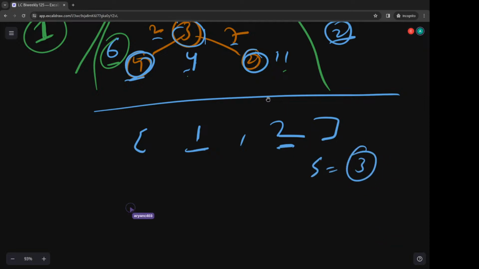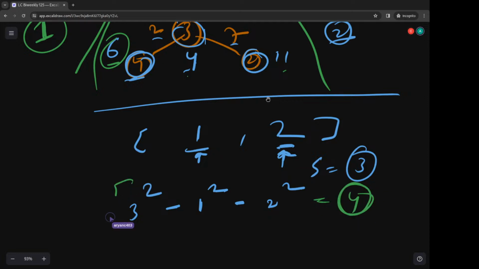So what you can do is 3 square, minus 1 square if both of them were picked from here, minus 2 square if both of the nodes were picked from here. And this would be 9 minus 1, 8, minus 4, which is 4. And all the pairs would be counted double over here, so you can divide it by 2 as well.